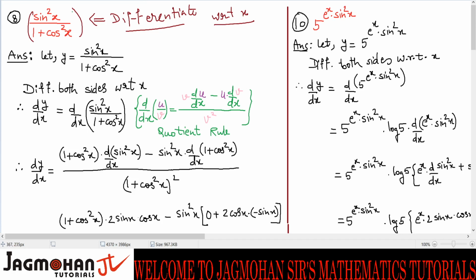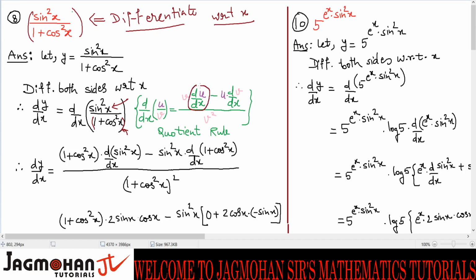When you write differentiating both sides with respect to x, what you notice? You notice that here you have got numerator as sine square x and denominator as 1 plus cos square x. So it becomes u upon v rule. So d by dx of u upon v, you apply, and you know this rule. What does the rule say? The rule says always differentiate numerator first.